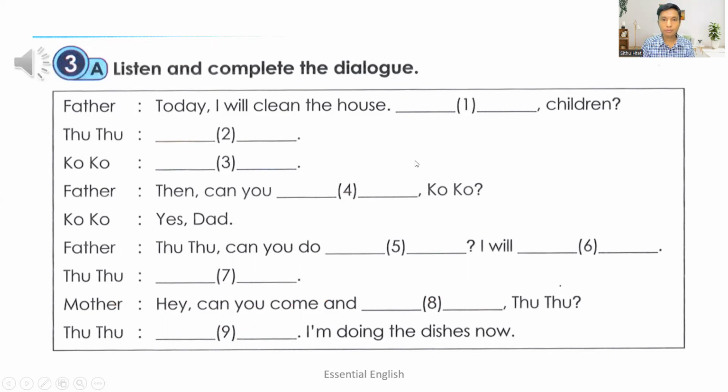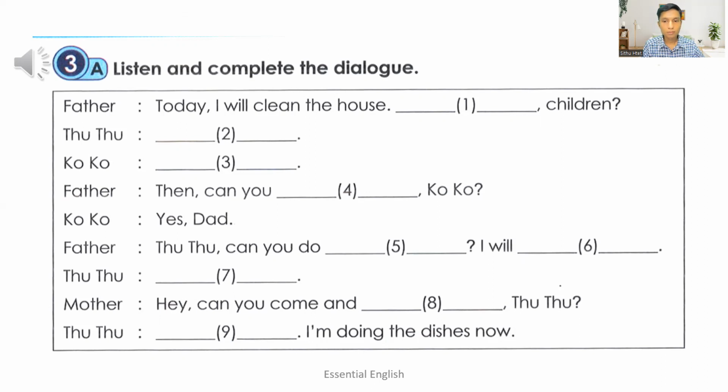Listen and complete the dialogue. Today, I will clean the house. Can you help me, children? Sure, Dad. Yes, we will. Then, can you clean the windows, Coco? Yes, Dad.